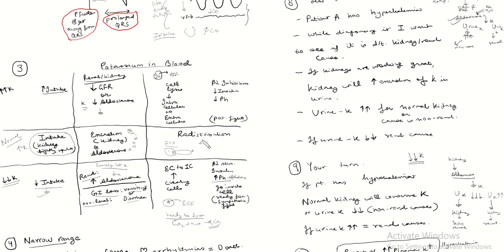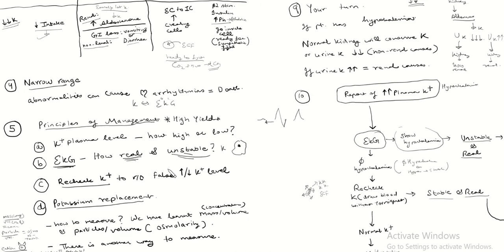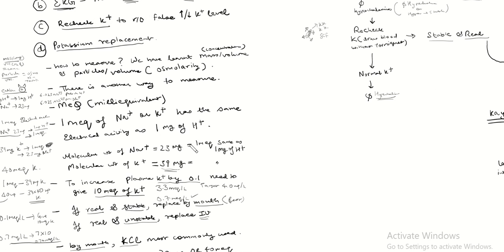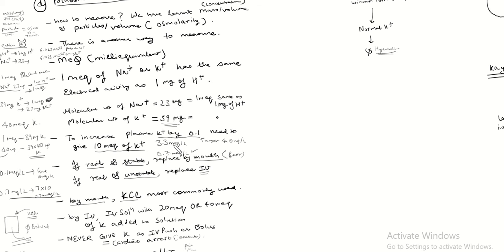We talked about how high potassium and low potassium get generated: from kidneys, renal causes, or low intake or high intake, or redistribution in and out of extracellular and intracellular spaces. We checked how to measure potassium in solutions and how to replace potassium.